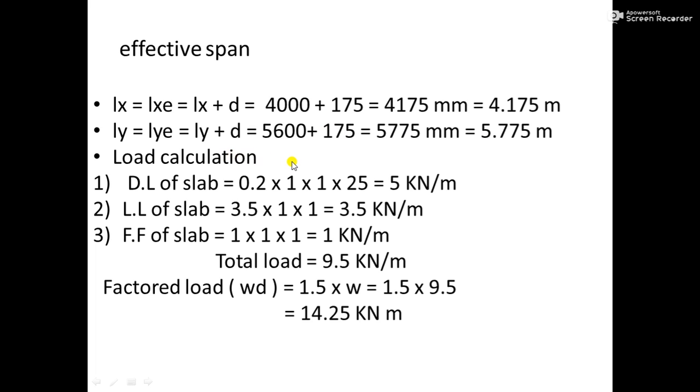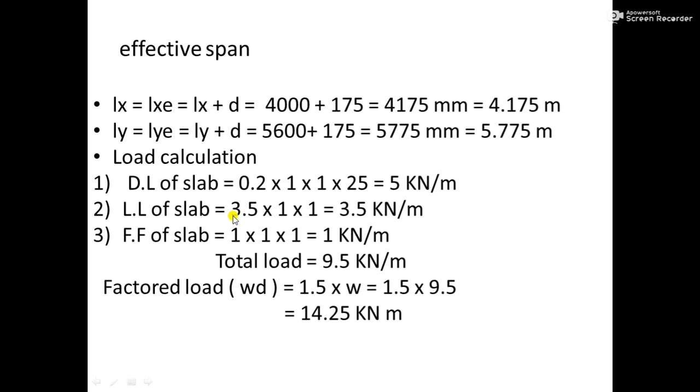Then load calculation. Dead load of slab is 25 kN per meter cube, that is 25 is the unit weight of slab, into 1 meter width, 1 meter length, and 0.2 is the overall depth, that is 200 mm, that gives 5 kN per meter square.